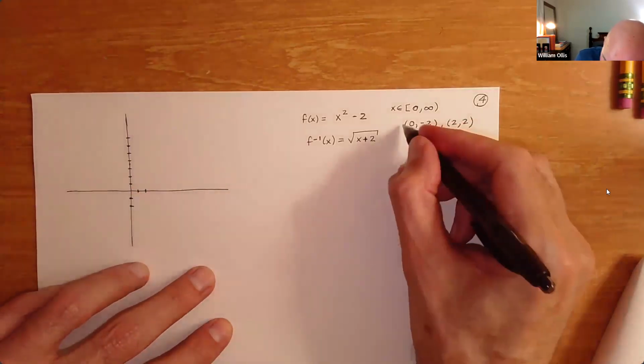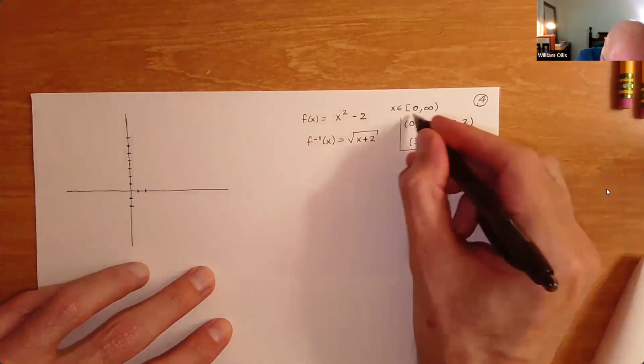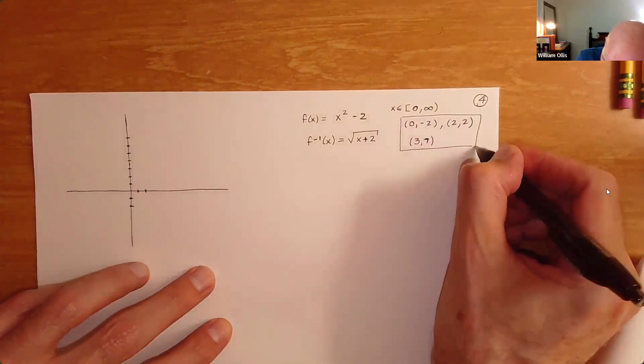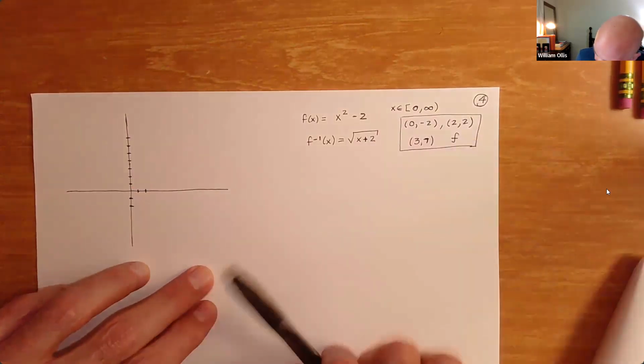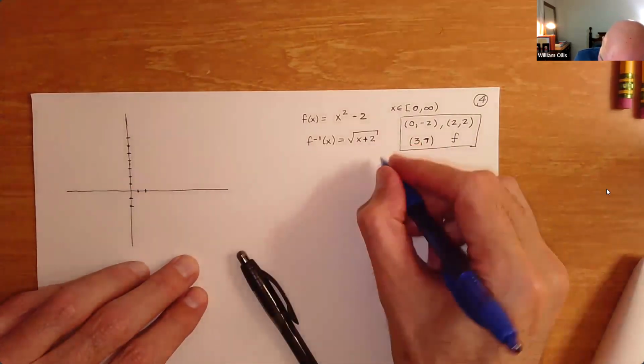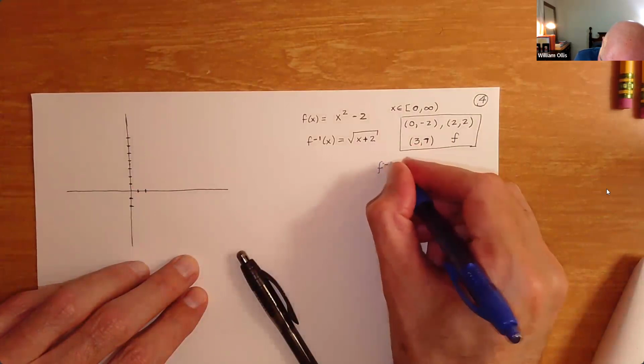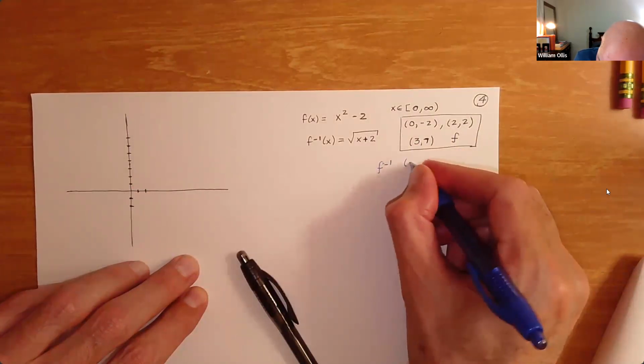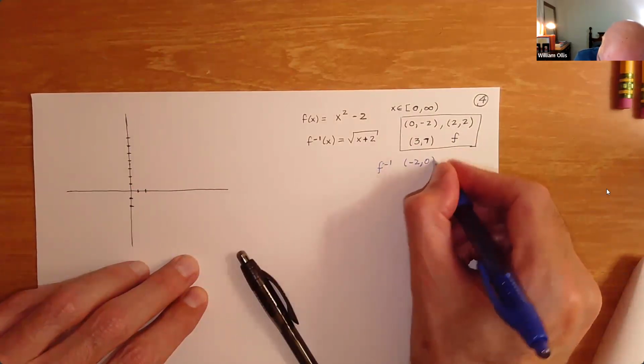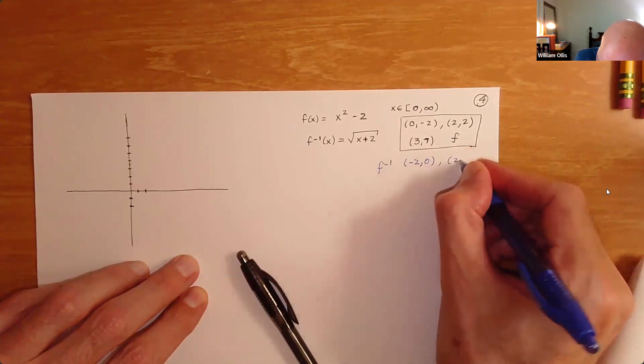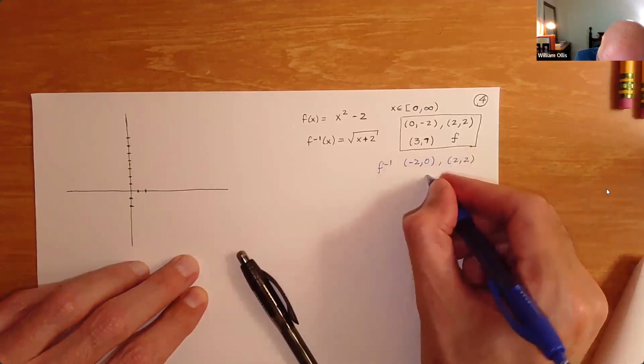And then these are the ordered pairs for f. And then, of course, for f inverse, we can just flip them around. So we get -2, 0. Well, 2, 2, that's on the reflective line, and 3, 7.